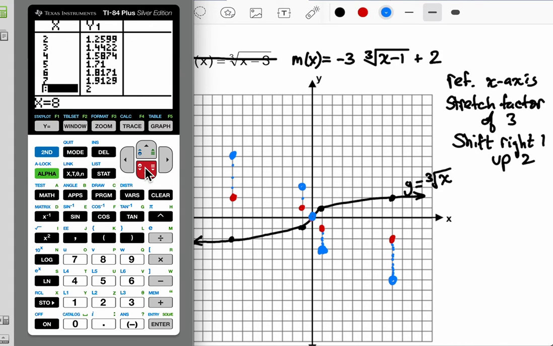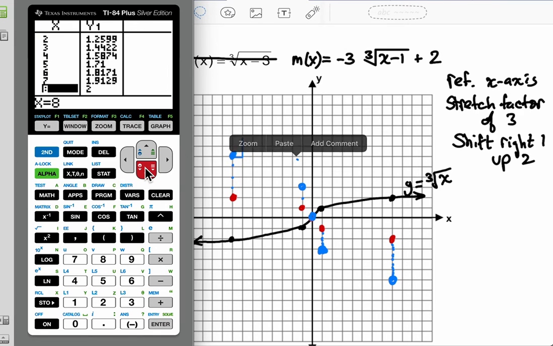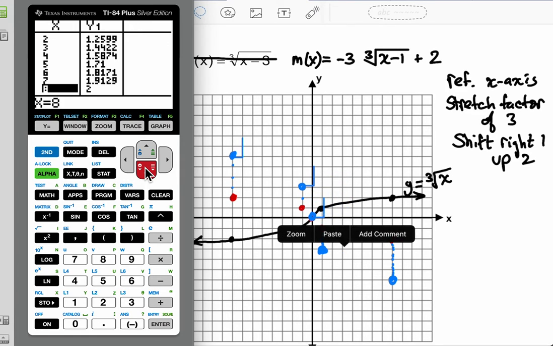All right. Then I do my shifting, right 1 up 2. So right 1 up 2 for each point. All right, and then I just plot.